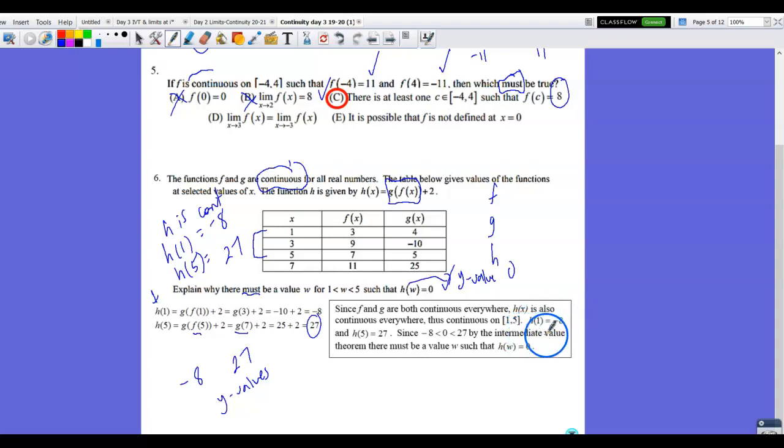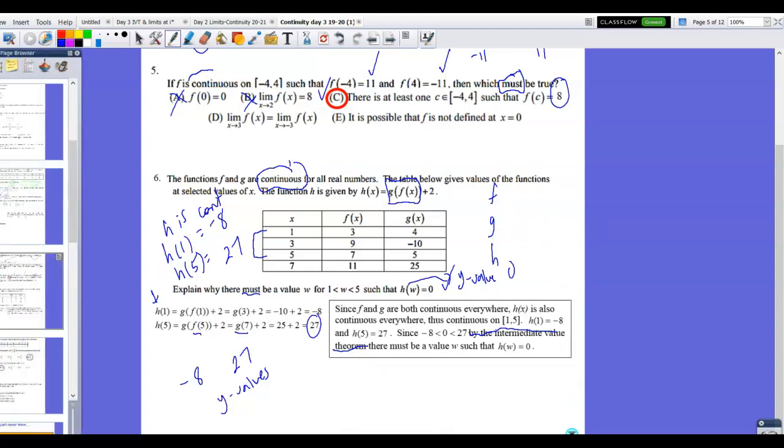Now I'm going to name and claim my y values. h of 1 is negative 8, h of 5 is 27, and since 0 is between negative 8 and 27, by the intermediate value theorem, remember I said you don't have to name the theorem, so you could leave that out, there must be a value w that generates a y value of 0. All right, let's go on to 7, 8, 9.